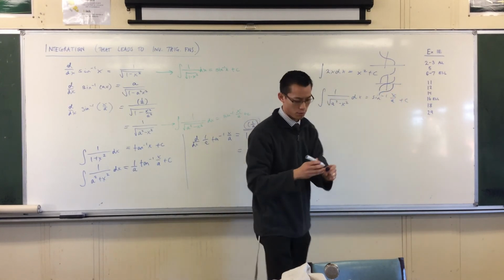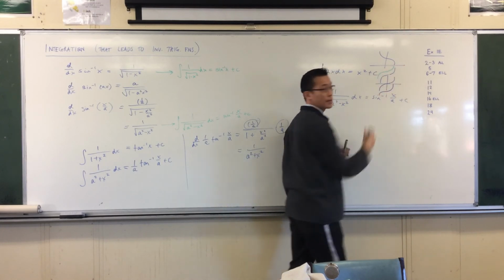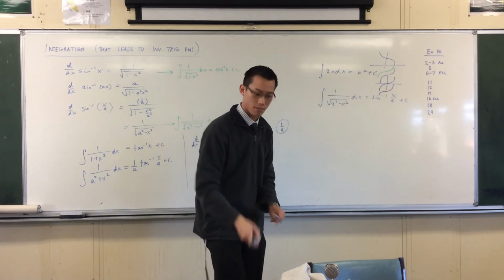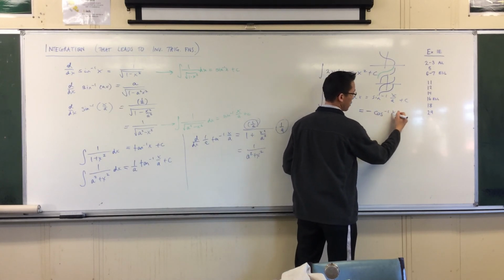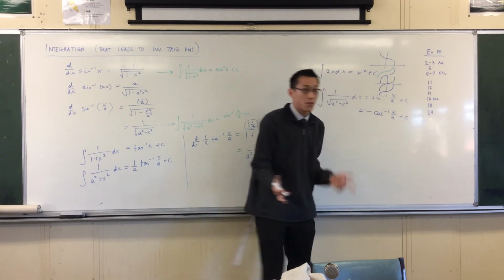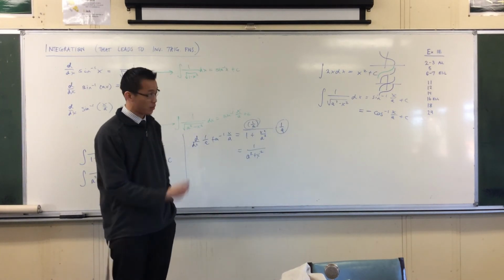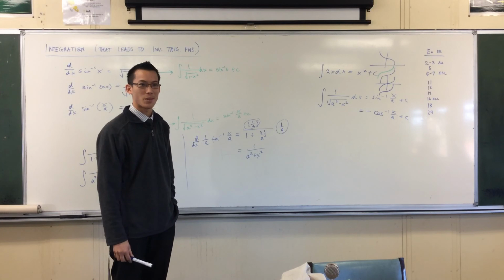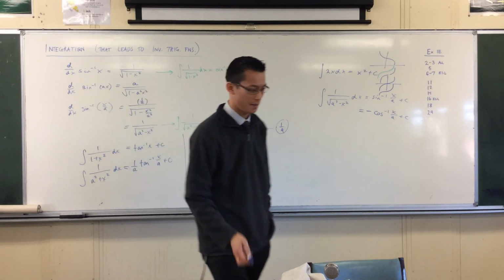Now if I compare this, let me put it in a different color up here. I put him here, now he's been flipped vertically, right? So I can just as easily say this is negative cos inverse. Just it's a different constant, that's all, okay? So it's not that they're being discriminatory, it's that cos inverse really is actually there, okay? Because the relationship with the derivatives is so similar, okay?